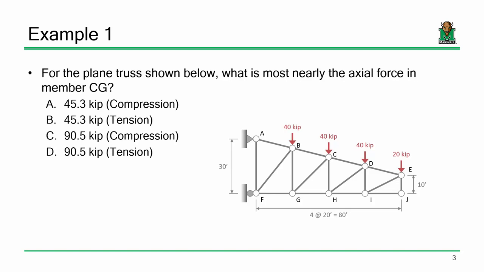Would it make sense that this structure is going to deflect downwards like so? So if I look at these members on the top, just your gut feeling, are those members on the top in tension or are they in compression? They're in tension, okay? So if I asked for member BC right off the bat, there's 2 answers eliminated, right? That's an important observation to make.